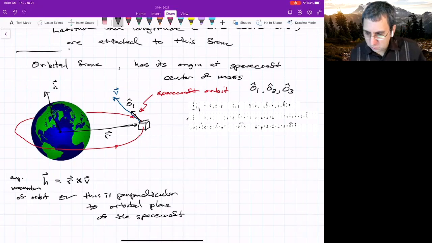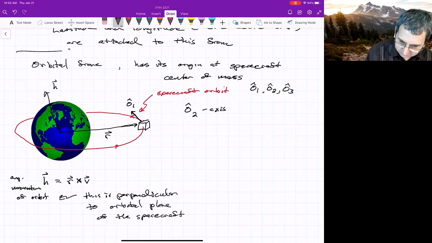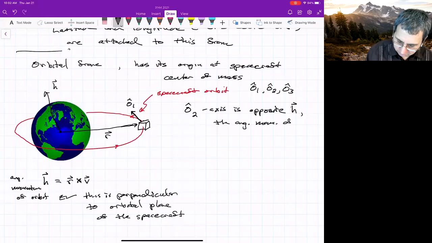And the O2 axis is opposite h, the angular momentum of the orbit. Okay, so here's the O2 axis.